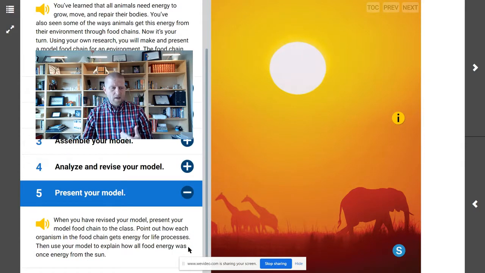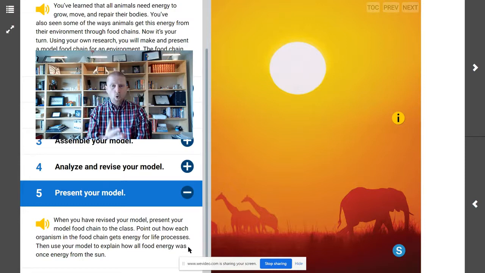And then step 5 is you're going to present your model. Now this is going to look different for all of us. When you've revised your model, you're going to present your model food chain to your class. You're going to point out how each organism in the food chain gets its energy for life processes. Then you're going to use your model to explain how all food energy was once energy from the sun.